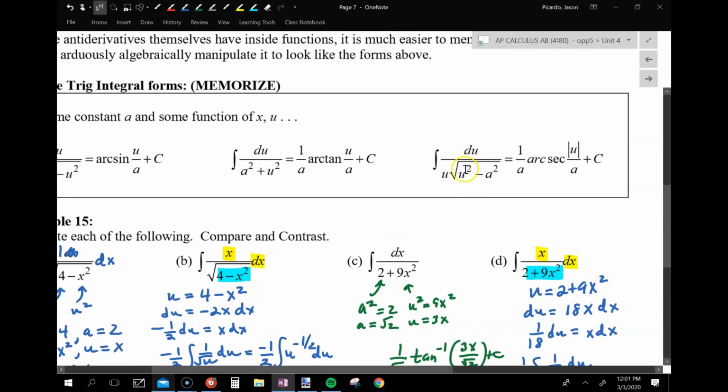Here I have a u squared, but what do they expect to be in front? A u. So do you see how the relationship between these two things has to be consistent? In other words, if this is x squared, what does this have to be? X. If this is 16, what does this have to be? 4. Do you see the problem, right?